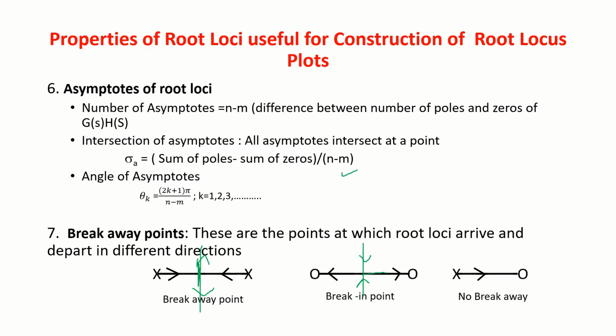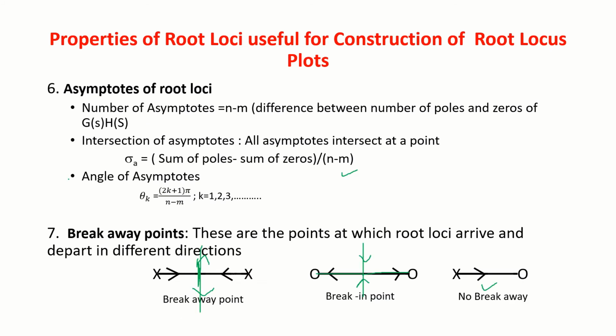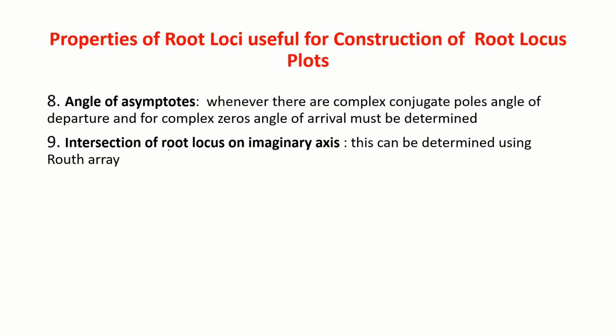Then one root locus will end at one zero, and another root locus will end at the other zero. If there is a root locus between a pole and a zero, the root locus starts from the pole and ends at the zero. There is no breakaway in this case. I think the angle of asymptotes I have done already.